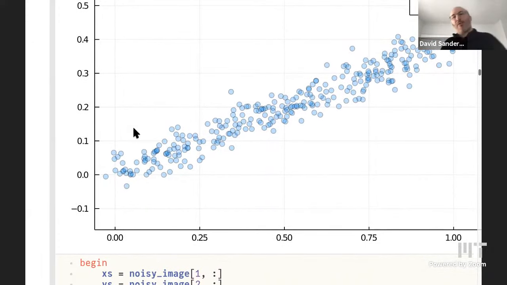So, your first reaction might be, oh, well, I've heard of this least squares fitting procedure, where you try a straight line and you measure the distance of each point from the straight line vertically, in a vertical direction.